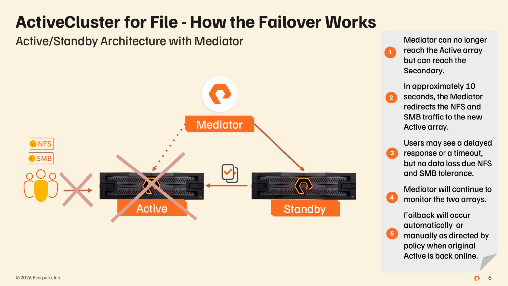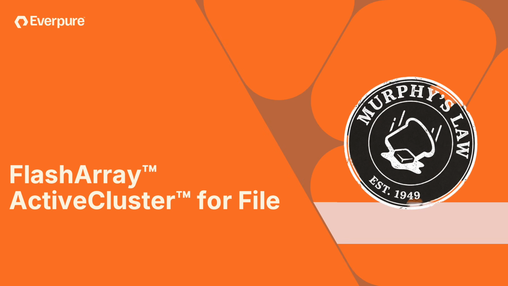The Mediator will then, within 10 seconds, redirect all of the NFS and SMB traffic to the new array, which is the standby array itself. That one becomes the active array, and the Mediator continues to monitor the two arrays to see if the active one comes back up. And if it does, the failback is either automatically handled or manually based on the policy that you've set inside the GUI.